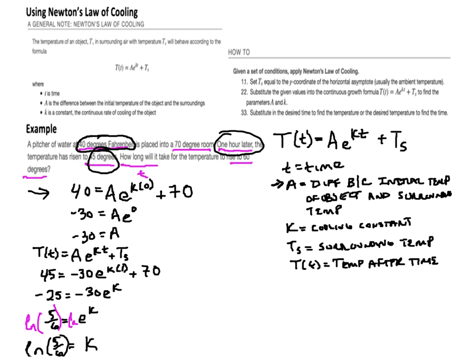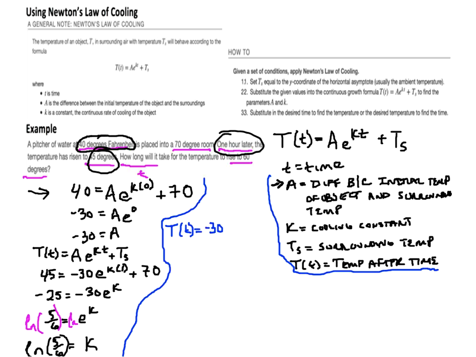Okay, now I'm going to change colors here so that we don't get mixed up in the work. Hopefully I'll have room to finish. Now that I know my constant, to model any situation here, I have negative 30 times e to the ln of 5/6 times my time plus 70.